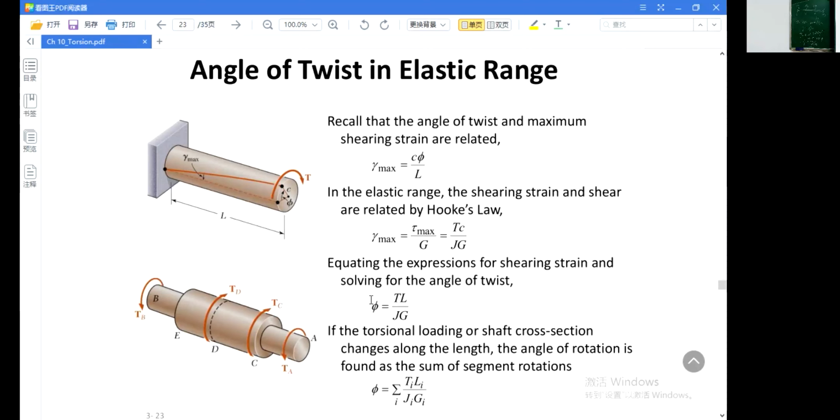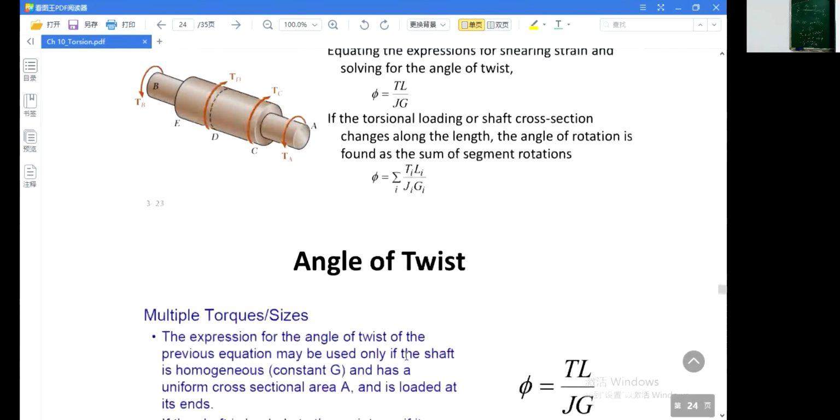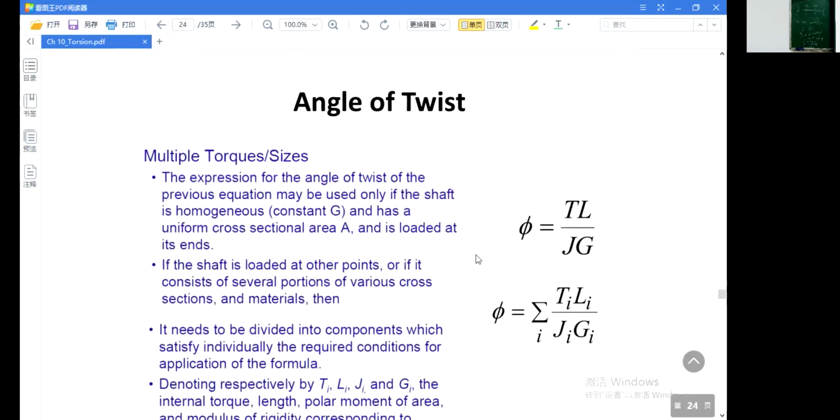We can make a summation. So it's the formula, we get the formula.